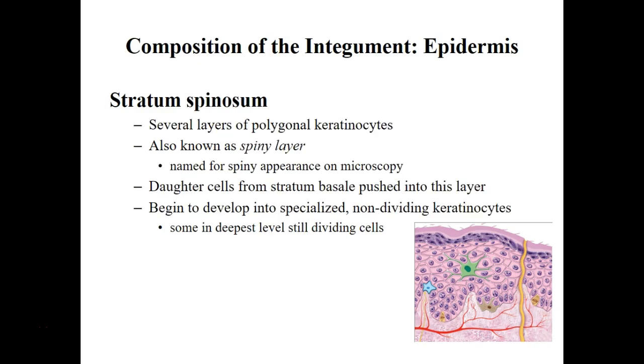Stratum spinosum also can undergo mitosis, but only the deepest layer of the stratum spinosum can undergo mitosis. It is the thickest layer of the epidermis. It's where the majority of our macrophage dendritic cells are going to be located.